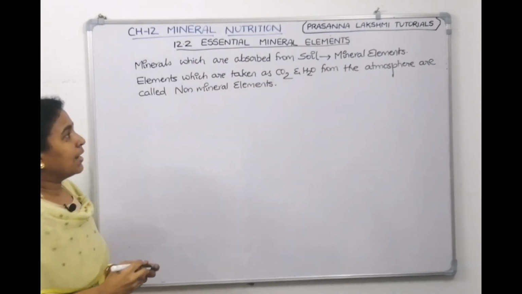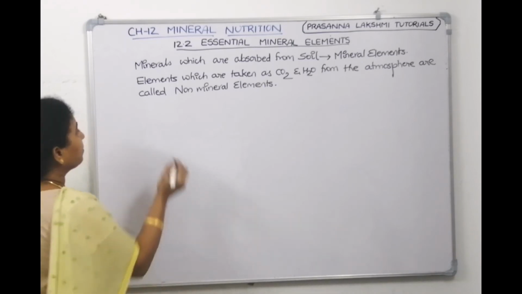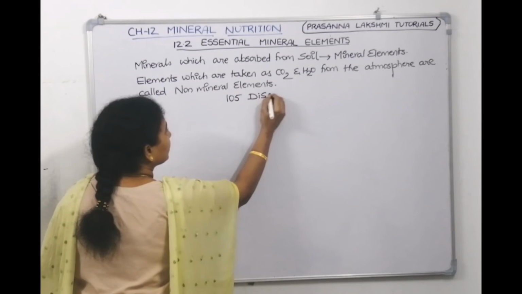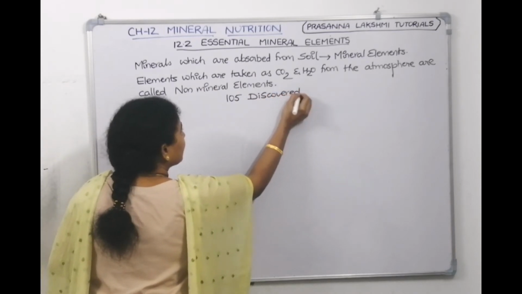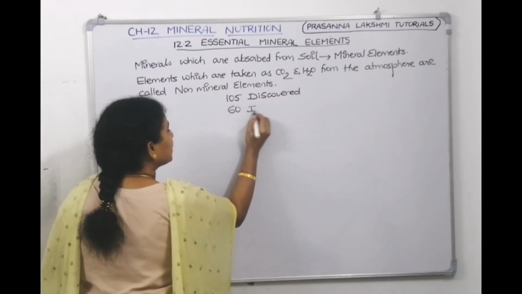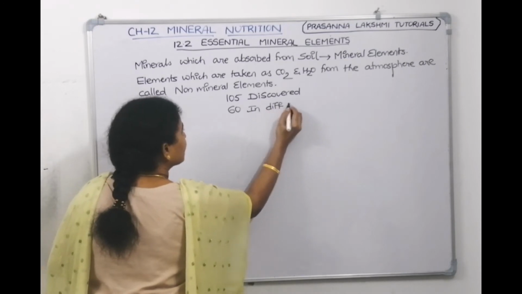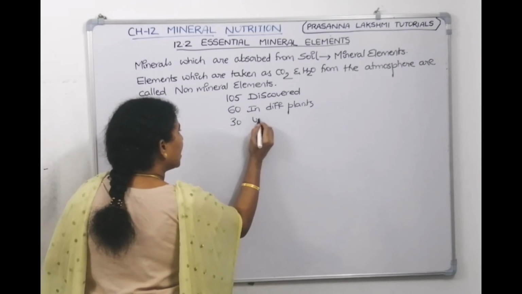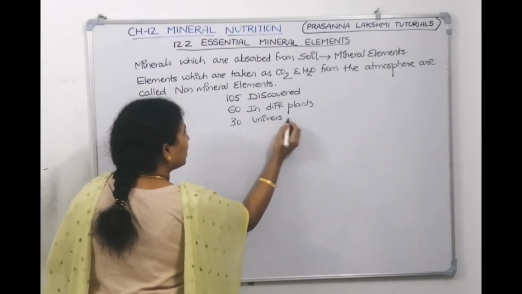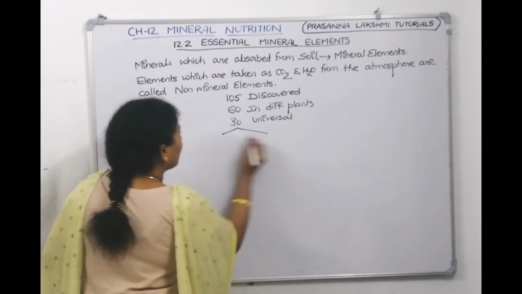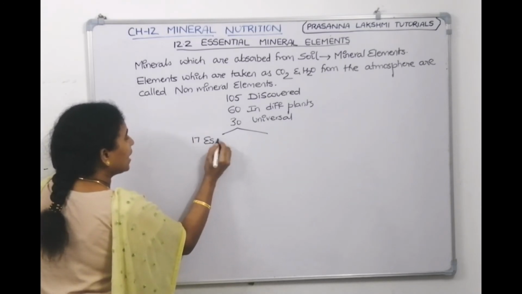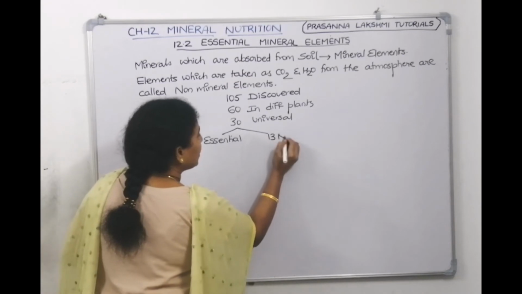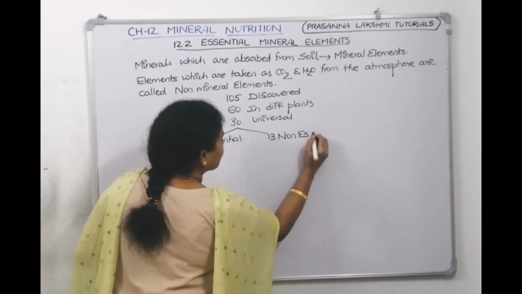Understood, children? Now, how many are essential? 105 are discovered, out of which more than 60 in different plants, out of which 30 are universal in all plants, out of which 17 are essential and 13 are non-essential.